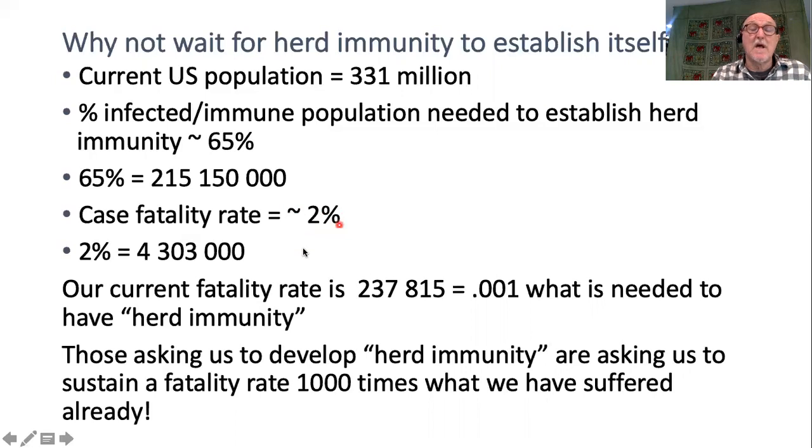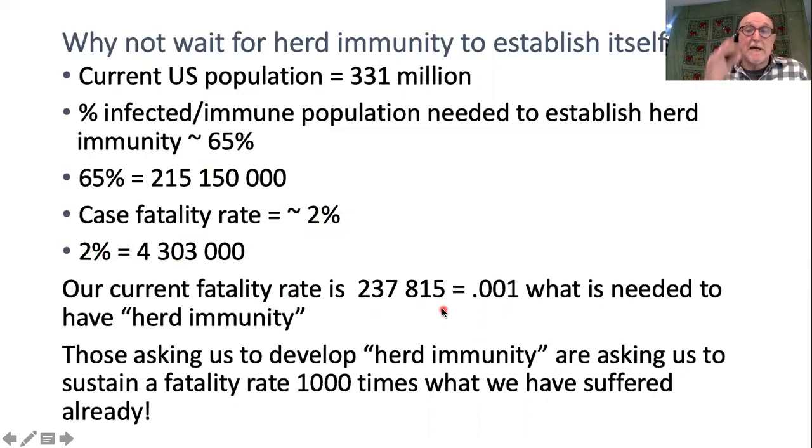Okay, so that's 2%. 2% of this is 4,303,000. Currently, we are approaching 250,000 deaths. When I did work the sum out, it was 237,815.